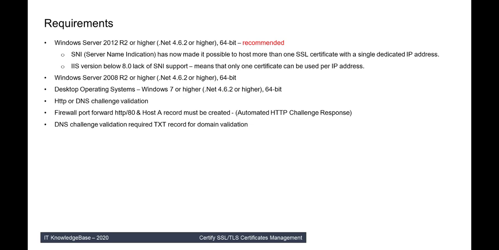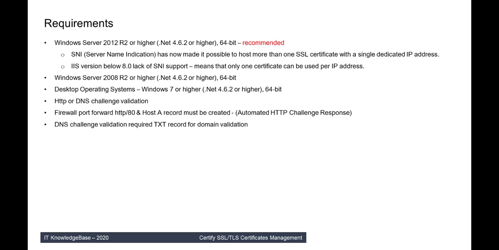You will look at both in this video. For HTTP validation, you need to open port 80 from your local firewall, which is redirected to your web server. For DNS validation, you also have to create a TXT record in your public DNS zone to verify your domain ownership and certificate issuance.